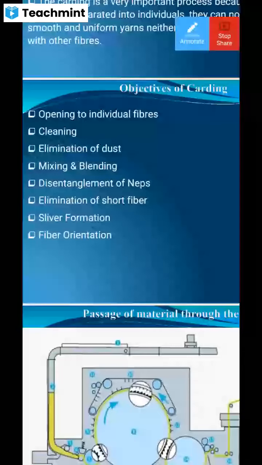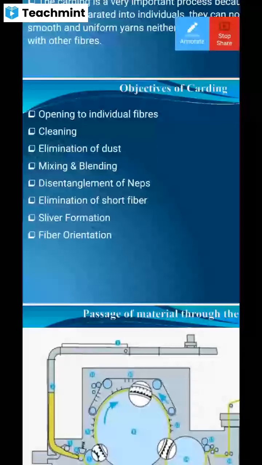The flats and cylinder make an individualization of the fiber and remove short fiber from the cotton surface from the web area by means of stripping. The disentanglement of fiber, you eliminate the word nibs, you corrected. Entanglement of nibs is meaningless. Entanglement of fibers, removal of nibs. That means removal of nibs. The definition of nib is entanglement of the fiber.